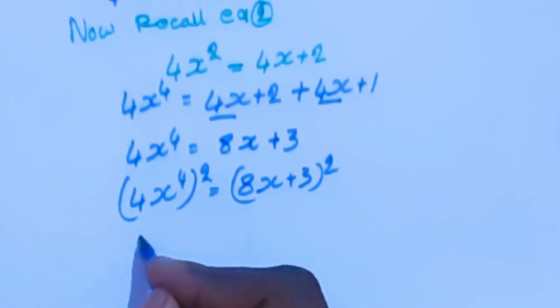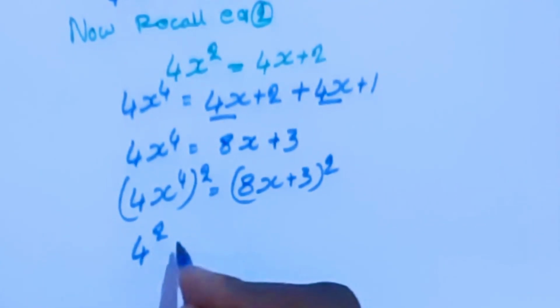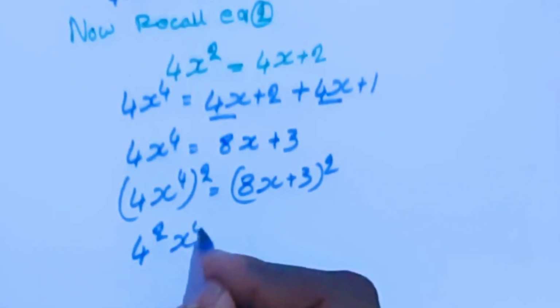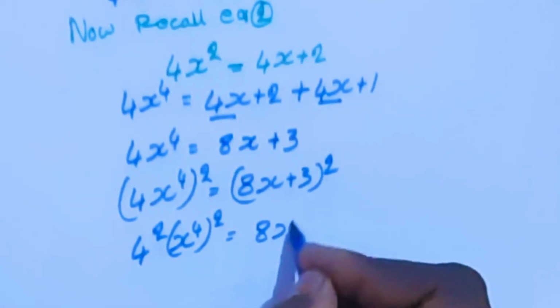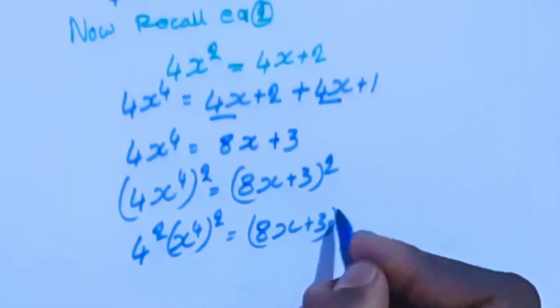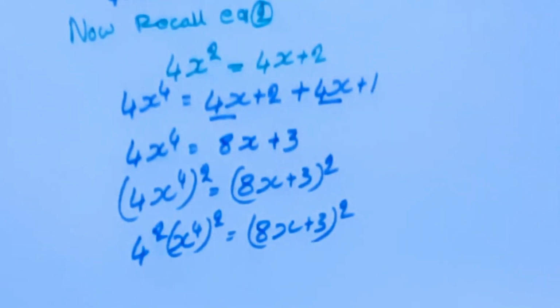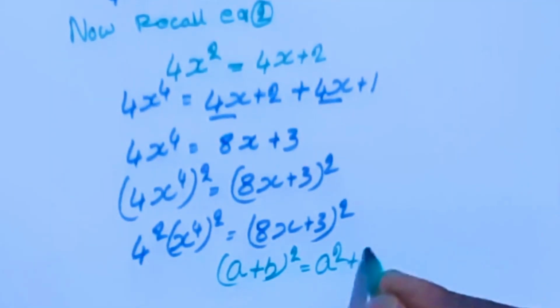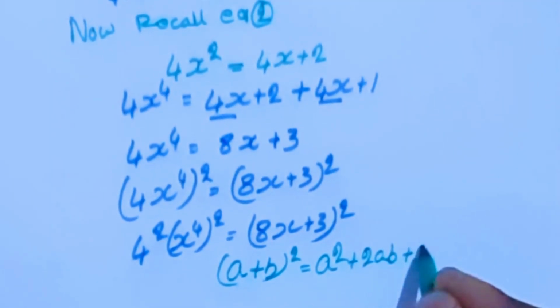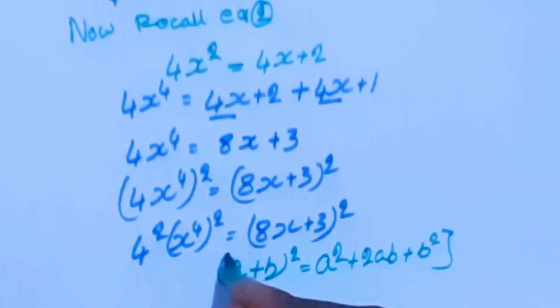Now 4 to the power of 2 times (x to the power of 4) whole power 2 equal to (8x plus 3) whole power 2. Now here we are going to apply the algebra formula that (a plus b) whole square equal to a square plus 2ab plus b square. This formula we are going to apply here.